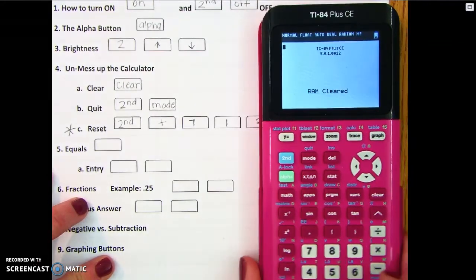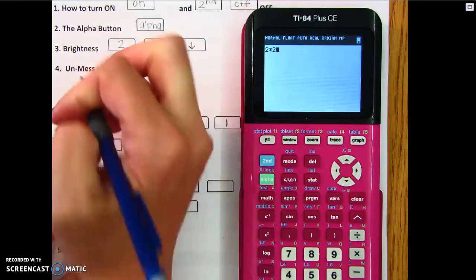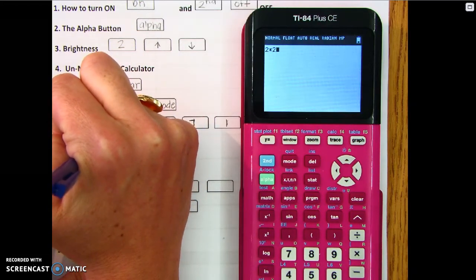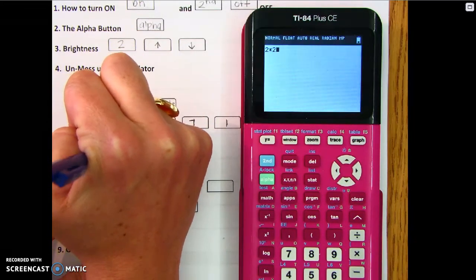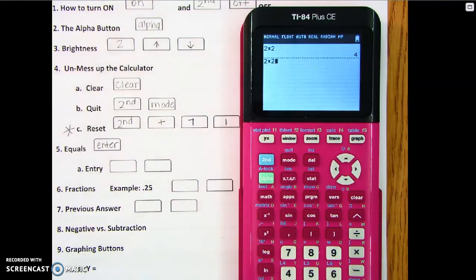Say I want to do 2 times 2. The equal sign is just the enter button here. That equals 4. The entry button: if I hit second, the enter button for entry, it repeats what I just typed. So I can do it again.